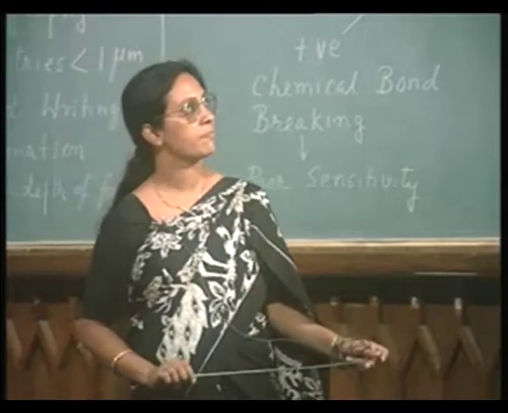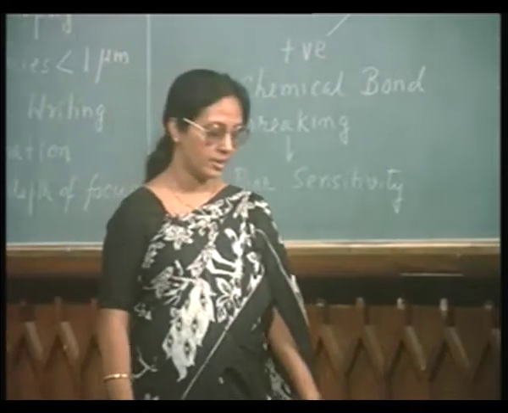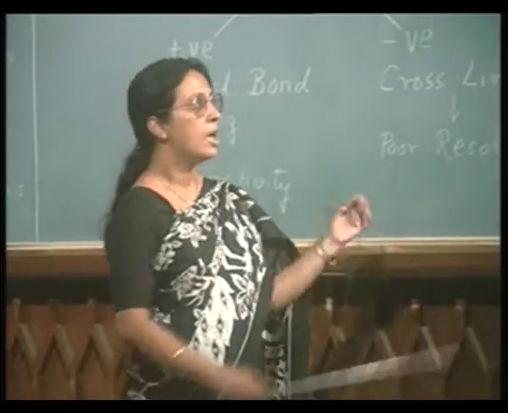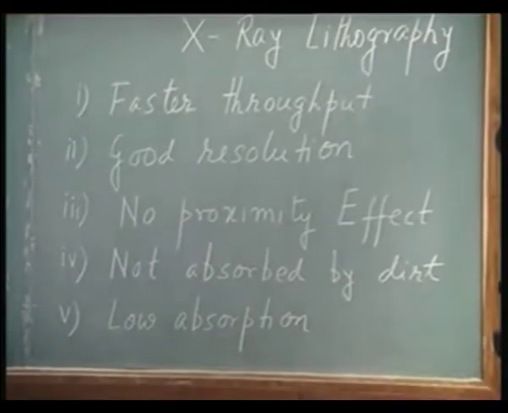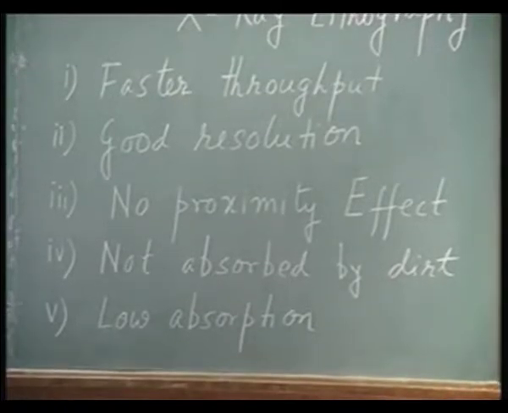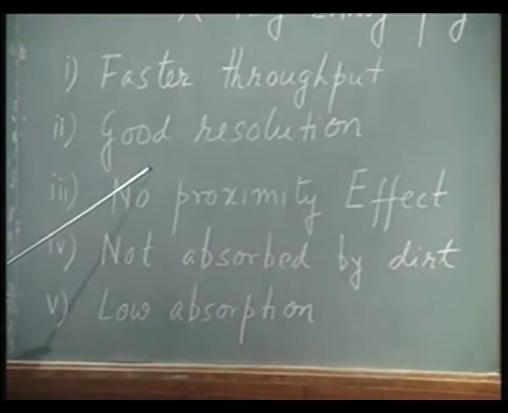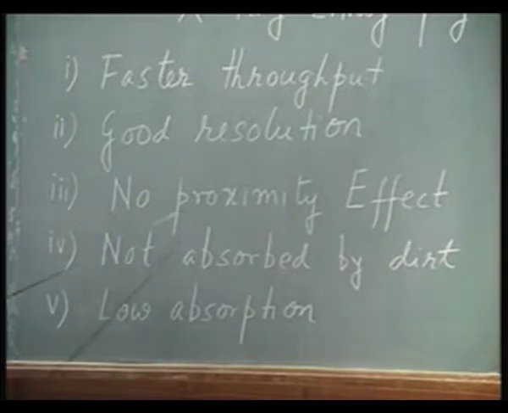So, X-ray lithography does offer us quite a lot of advantages. The major advantage compared to e-beam lithography is of course the faster throughput, and because we are using X-rays, that is with much smaller wavelength, the resolution is also good, much better than that in case of optical lithography. And since the secondary electrons generated by X-ray do not have such high energy, the proximity effect as we have seen in case of electron beam lithography is also not present here.